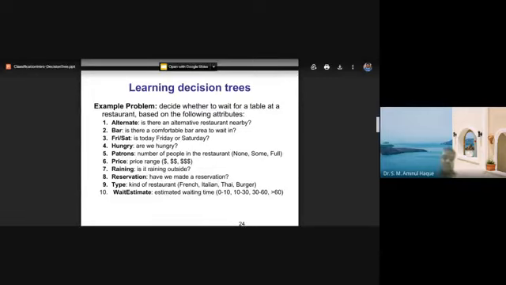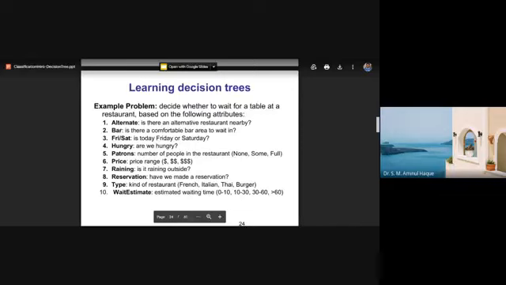That is a decision you have to take. Let's say you're thinking about these 10 parameters that will help you decide whether you will wait or go to another restaurant. Got it?